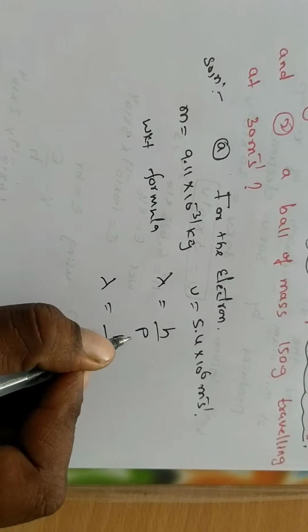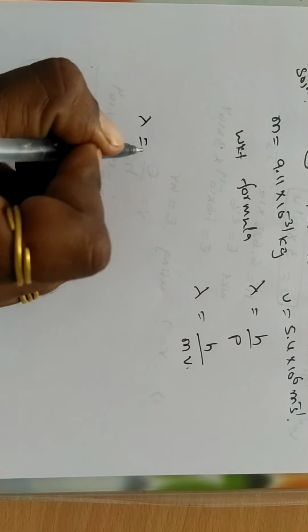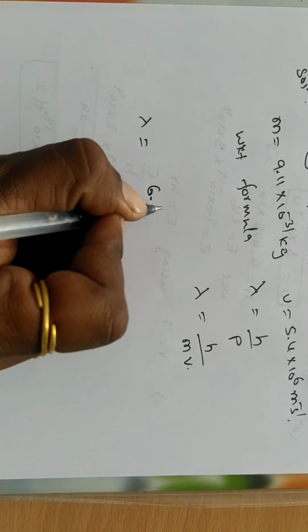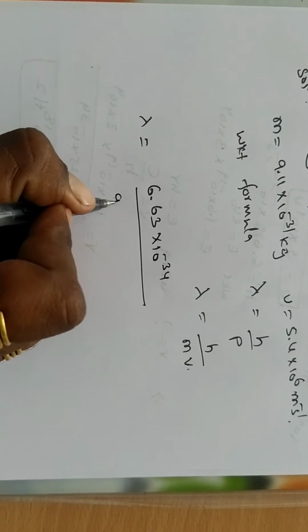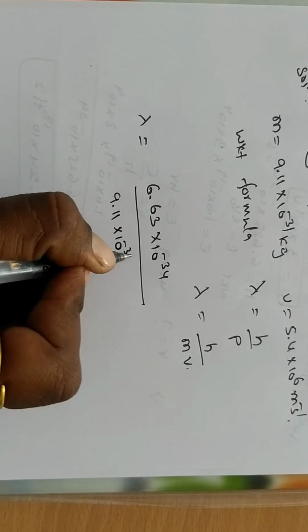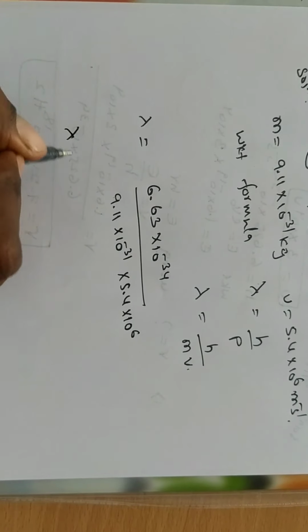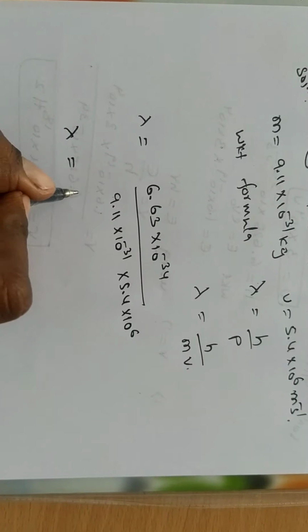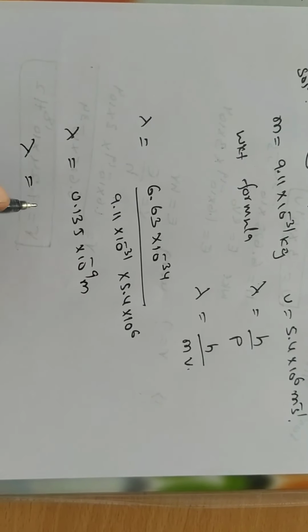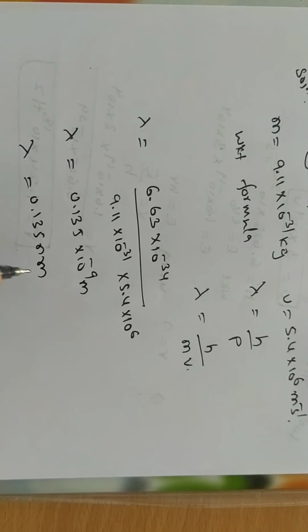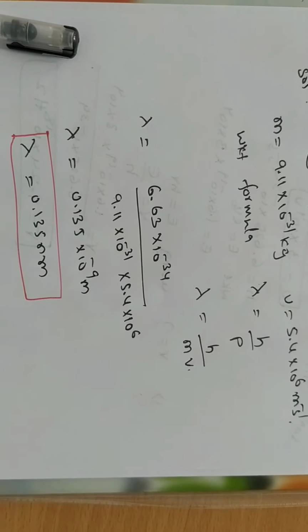Lambda is equal to h divided by p means here m into v. Okay, lambda is equal to h value 6.63 into 10 to the power of minus 34 divided by m value 9.11 into 10 to the power of minus 31 into 5.4 into 10 to the power of 6. After simplifying this one, we get lambda is equal to 0.135 into 10 to the power of minus 9 meter, or lambda is equal to 0.135 nanometer.